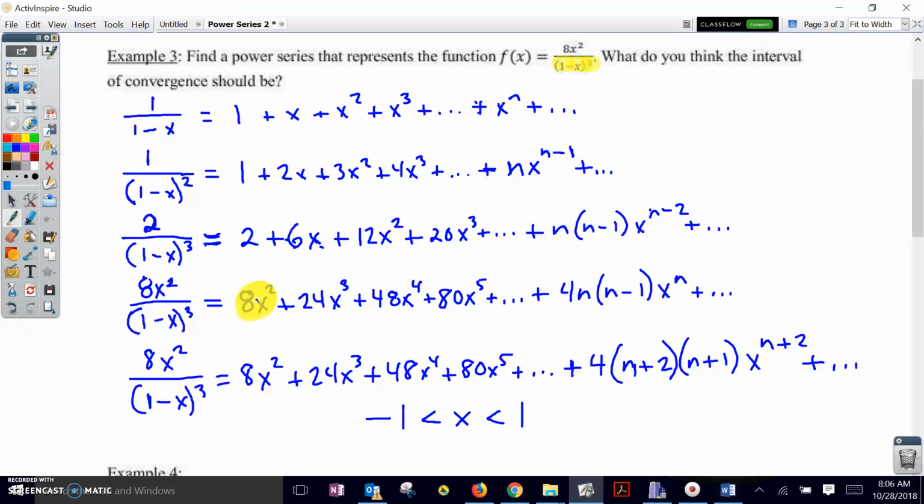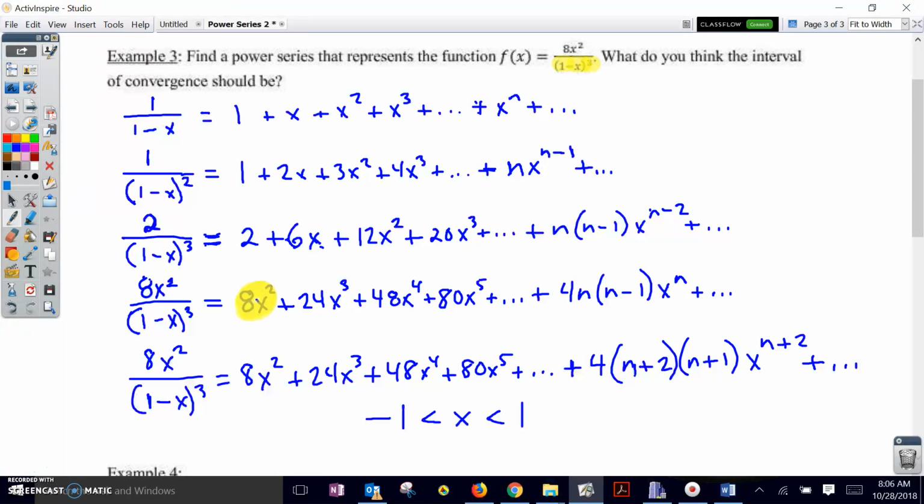The question is, should I include either of those? And given the nature of these terms in the series, think about substituting 1 into this series. The terms are just going to grow greater and greater, so I shouldn't be including 1 in my interval of convergence.